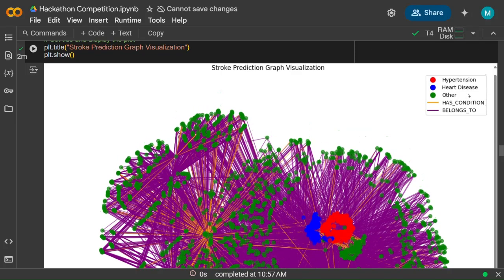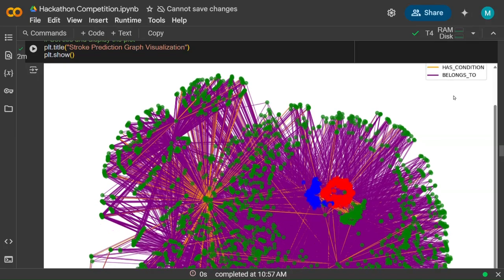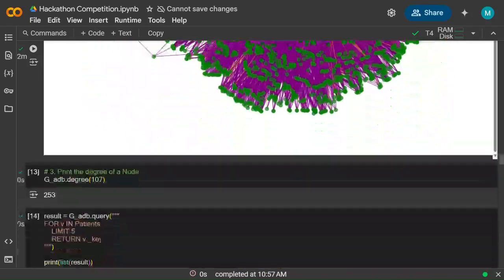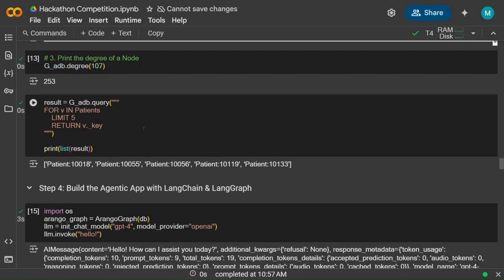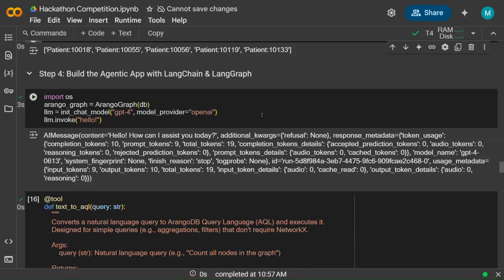Instead of selecting just person as a node, I also selected other features like hypertension, heart diseases, and a few others, because compared to a normal person as a node, this would give us more insights. And this is just to check whether the data is loaded or not.